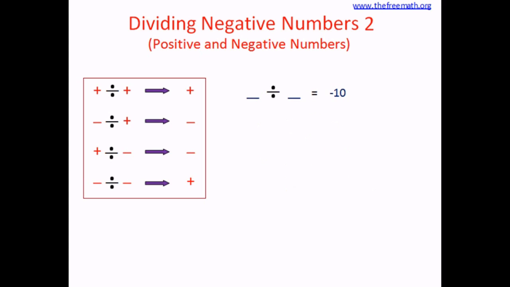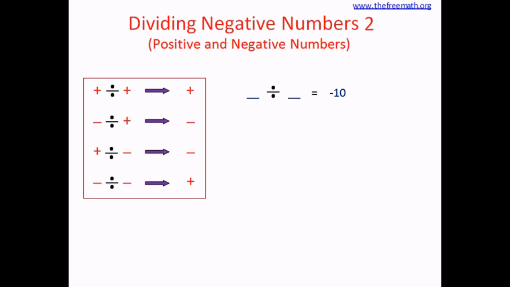Now the next problem is a little different. You have two blanks here. You have blank divided by blank equals negative 10. That means what divided by what would give you negative 10. Let's first ignore the signs. That means now you have to find two numbers such that their division equals 10. Can you think of such numbers?